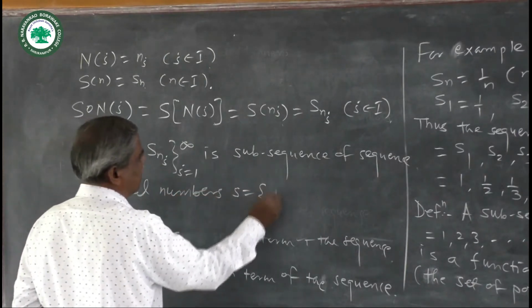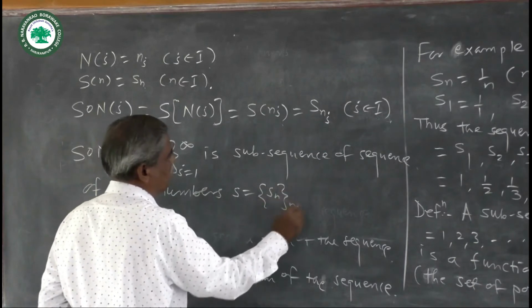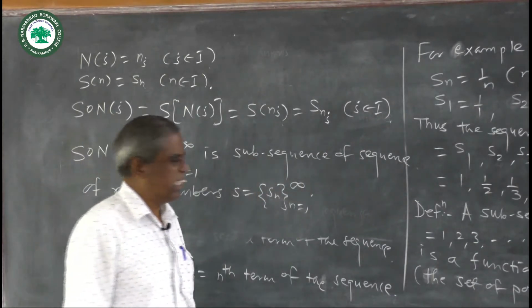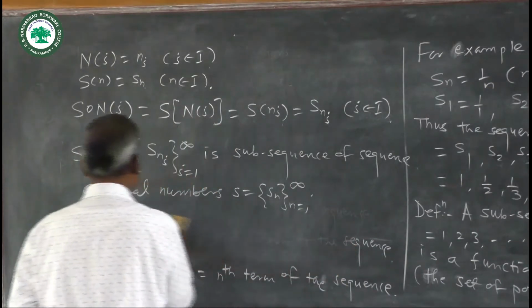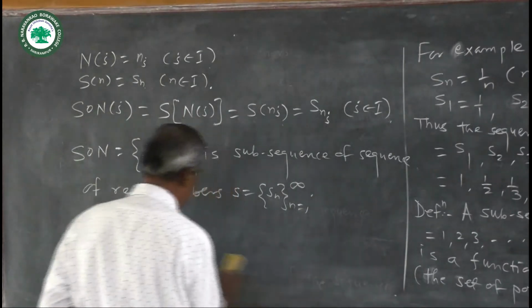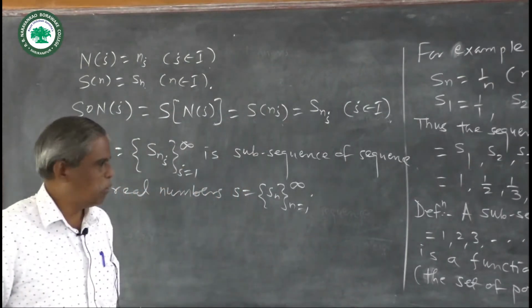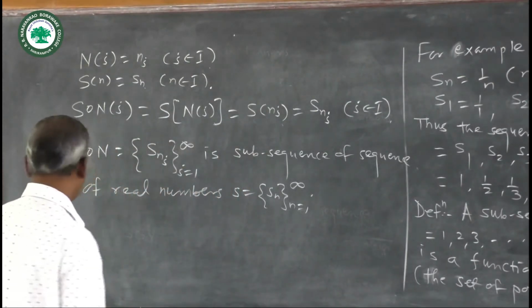S is equal to S n, n is equal to 1 to infinity. S composition N is a subsequence of the sequence of real numbers.